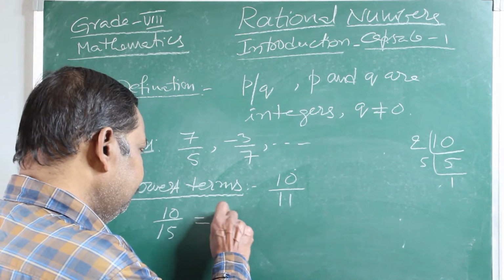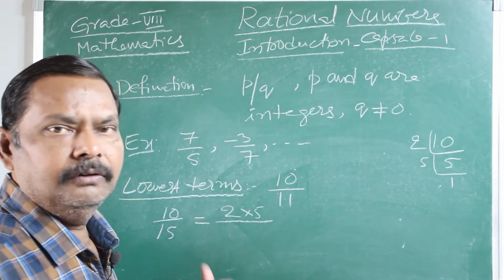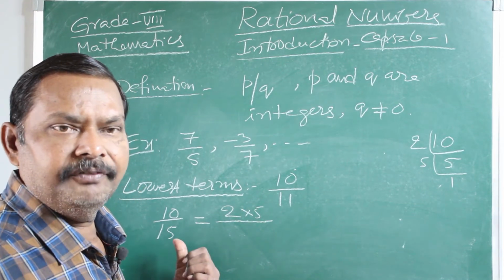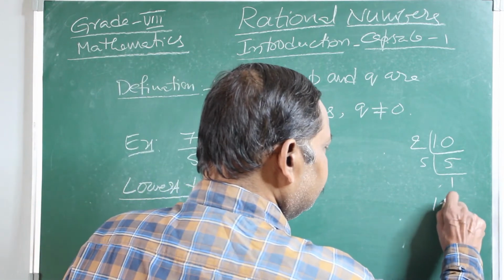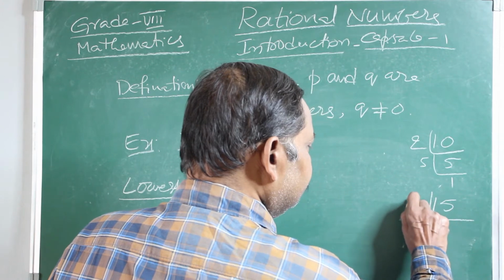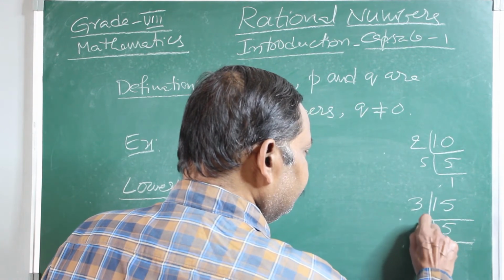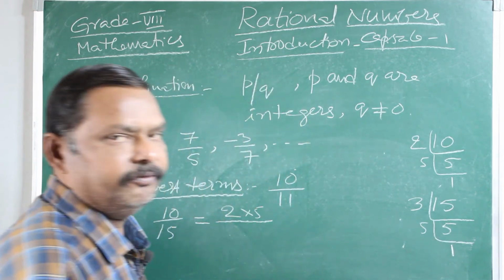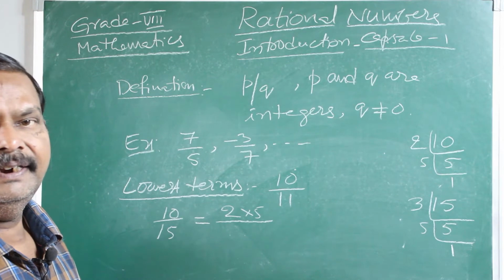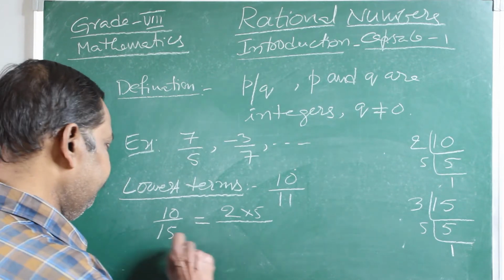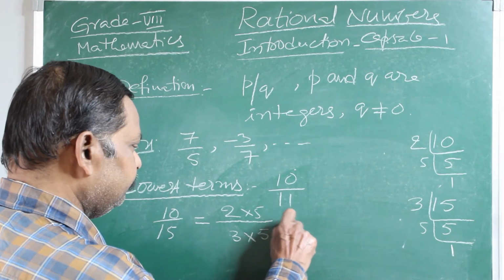So 10 will be 2 into 5. Now take the prime factors of 15, the denominator. Start with 3. 3 5s are 15, 5 1s are 5. So the prime factors of 15 are 3 and 5. So 15 is equal to 3 into 5.